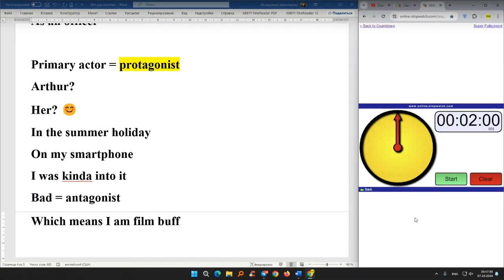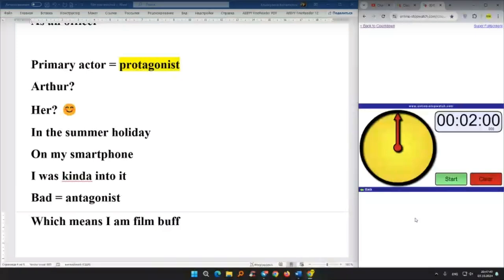Primary actor should be protagonist. You should say protagonist, not primary actor, because primary actor can be good, but it's not good. So the word is protagonist.